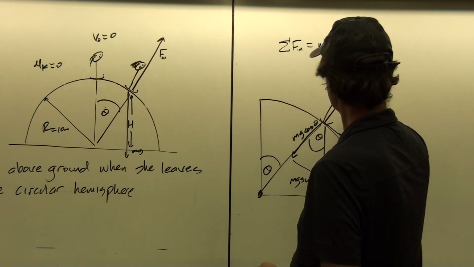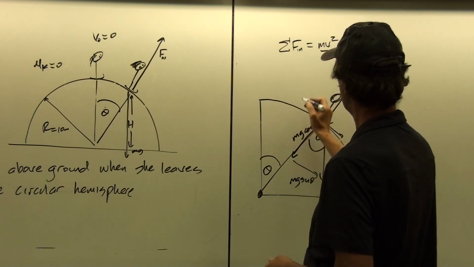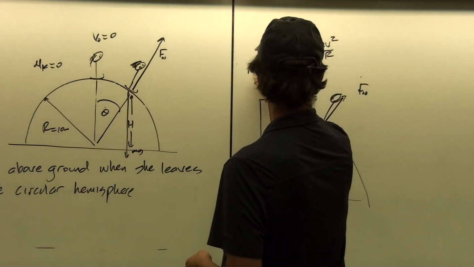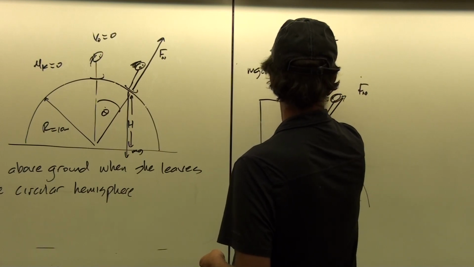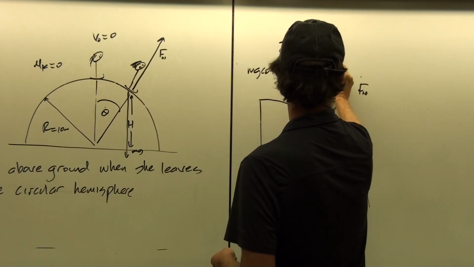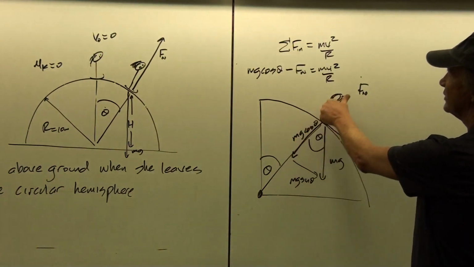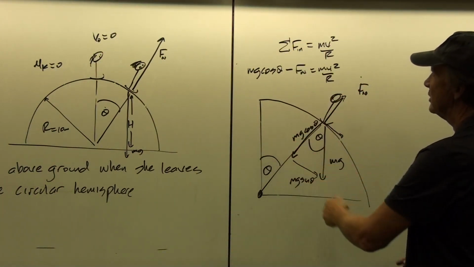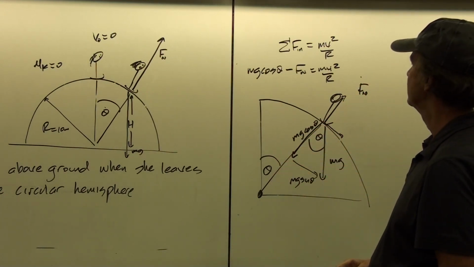And so in general then, before the normal force has gone to 0, as the normal force gets smaller, we've got mg cosine theta minus F_N equals mv squared over r. Because the normal force points away from the center, mg cosine theta is what's supplying the centripetal force. That's pointed toward the center.